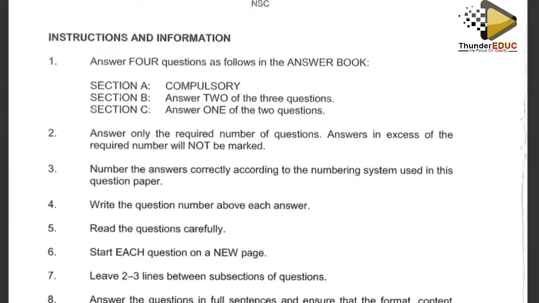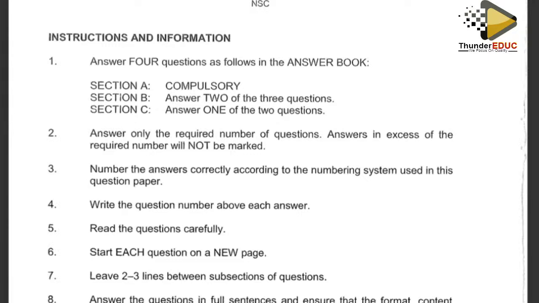I know most of you have the tendency of starting with Section C. When you do, make sure that you leave a space for other questions. Don't start with Section C on the first page, because once you do that, it will be an indication that you have failed to follow the instructions and information as expected.